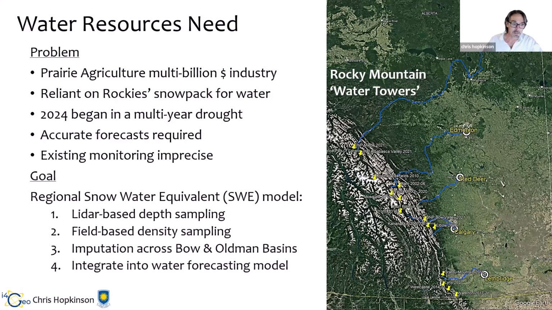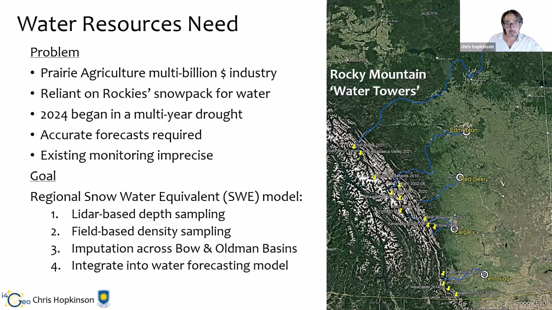And so the goal of our study was to evaluate a regional snow water equivalent modeling framework. We have been working on this for a few years on and off, but at a much smaller scale. So the idea this year was to map across the important parts of the eastern slopes for irrigation purposes, so for drought mitigation.